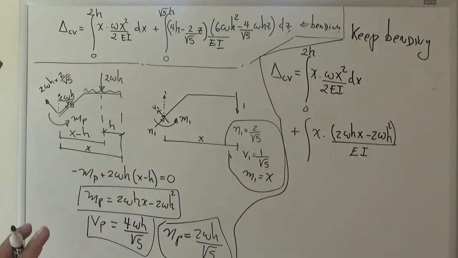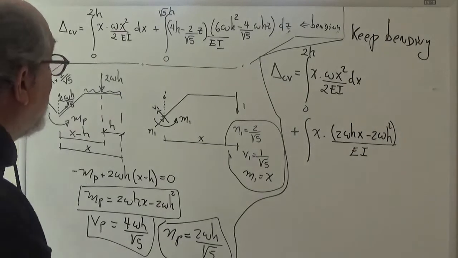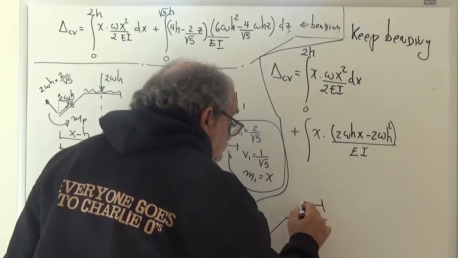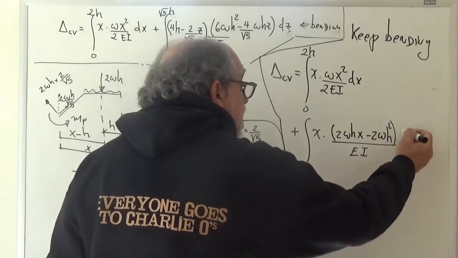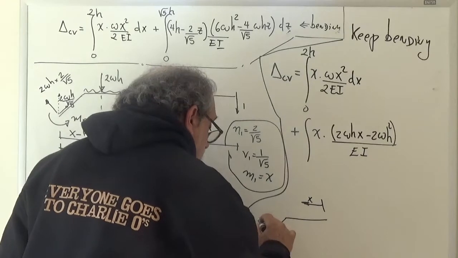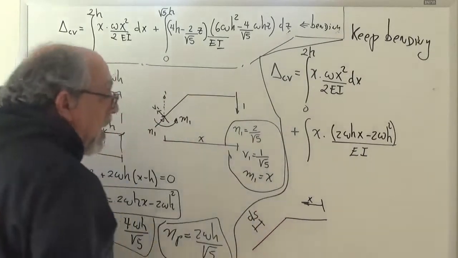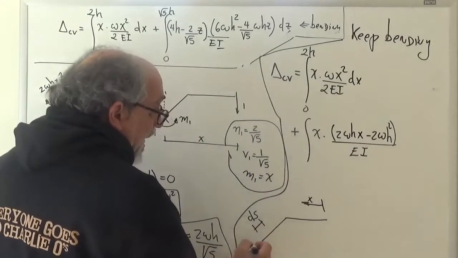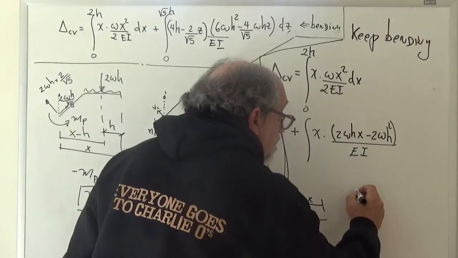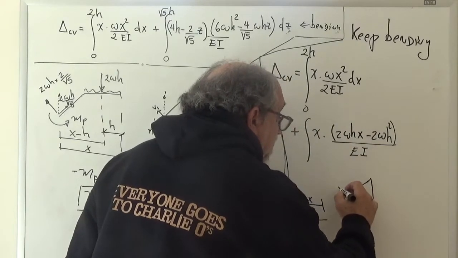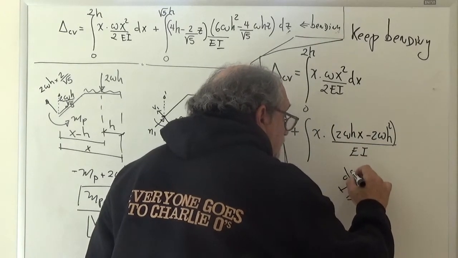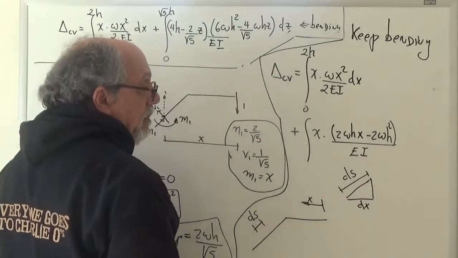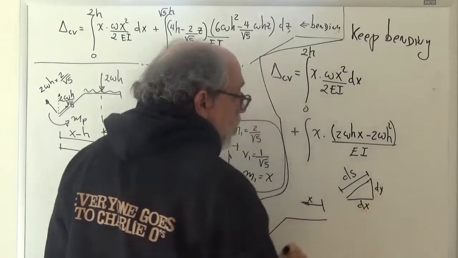Is not dx, because x is not running along this bar. X is a horizontal coordinate, and what goes here is ds, which is something that has to be running with the bar, all right? So now, if you look at that bar, this is in the direction of the bar, that's ds. This is dx, right? This would be dy in these coordinates.